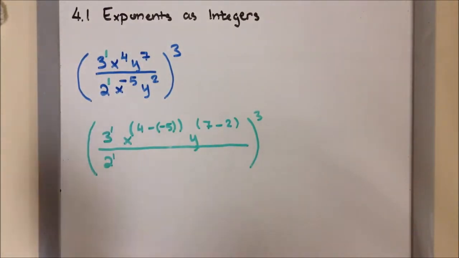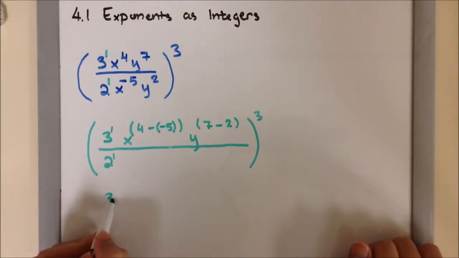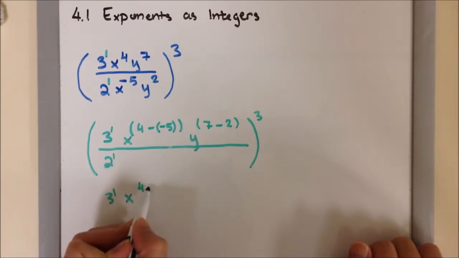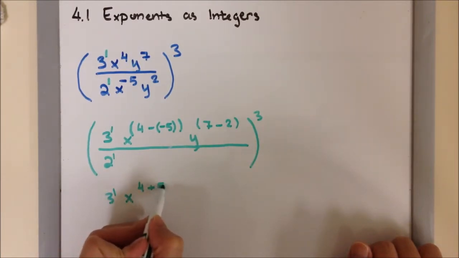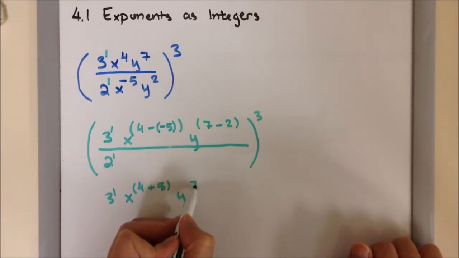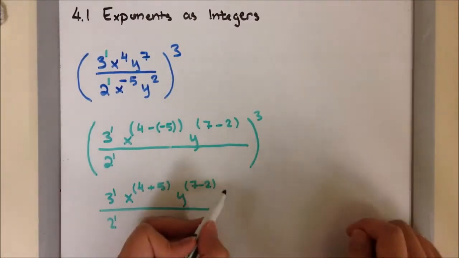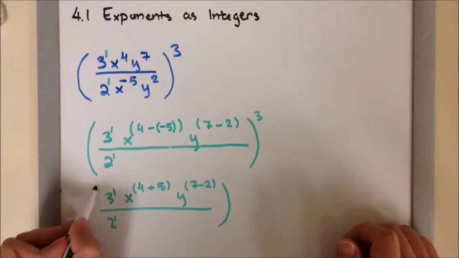When there's a minus and a negative, when you simplify, everything will stay the same, so 3 to the 1 power, but it's going to be x to the 4 plus 5, just like that. Y is still going to stay the same, so 7 minus 2, just like that, over 2 to the 1 power. And then the whole thing powered by 3.